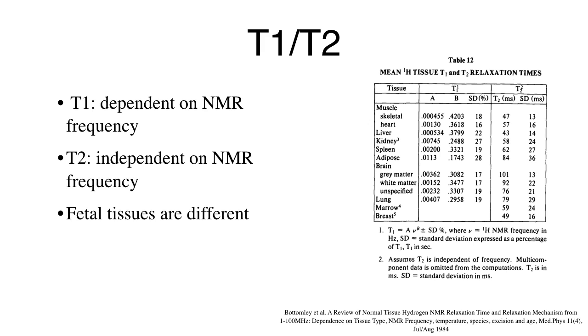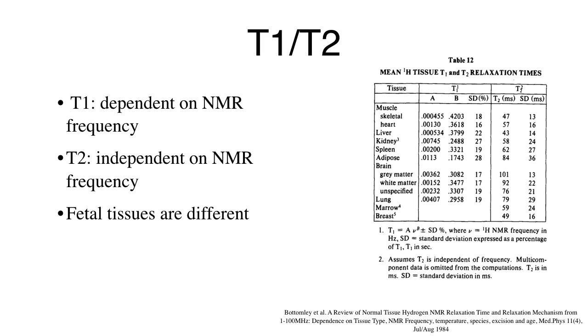I used data from Bottomley's paper on different tissues under different field strengths. I applied the equation T1 equals A times V to the B, where A and B are constants for different tissues. As for T2 values, according to Bottomley, they are not dependent on NMR frequency.